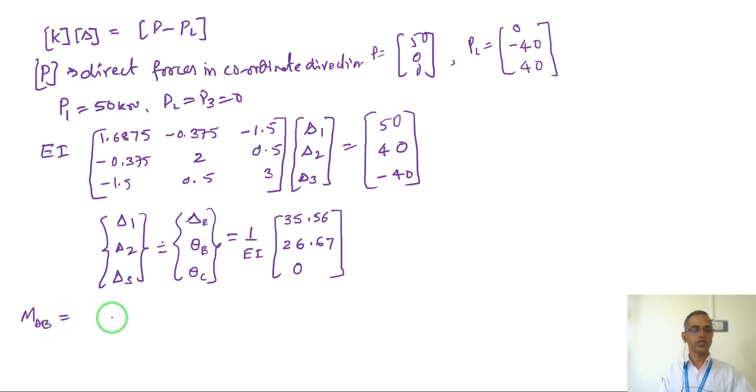MAB is MFAB, since no moment there, MFAB is 0, plus 2EI by L, L is 4 meter, into 2 theta A, which is 0, plus theta B, which is 26.67. EI gets cancelled out, so we need not write that.